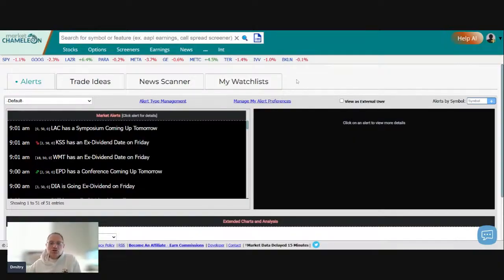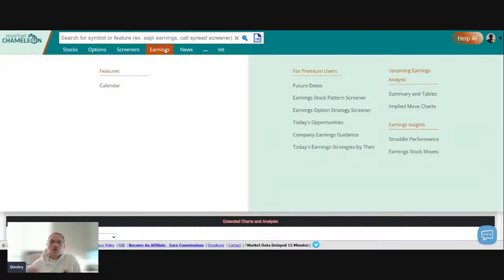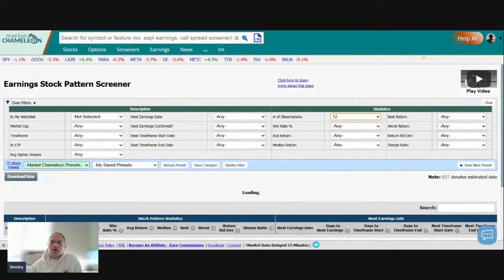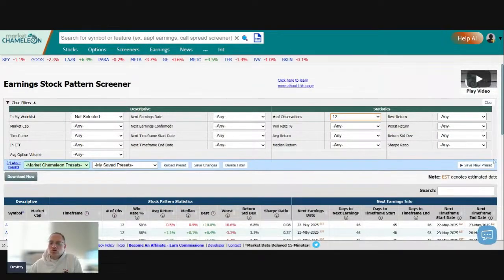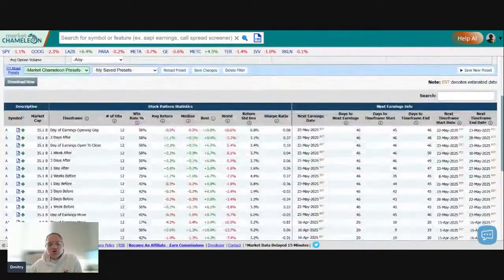Now, to get to the screener, from the main page, go to the earnings tab up top, and then go to the earnings stock pattern screener over here. Click on it, and then you will come to this page.